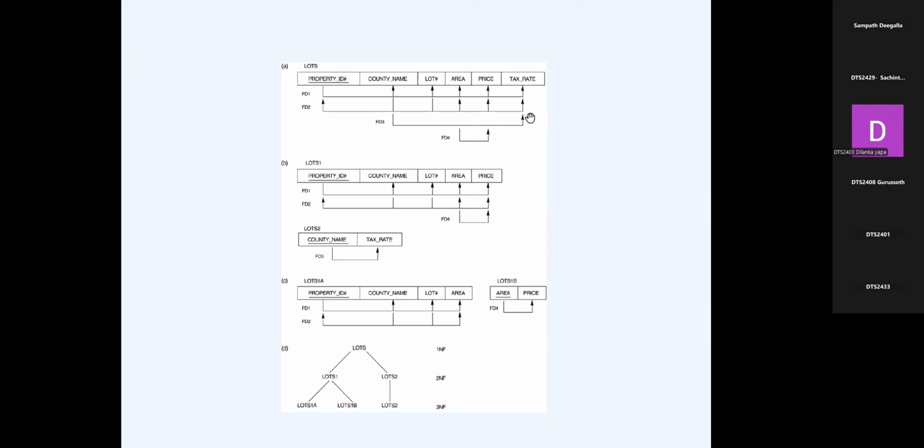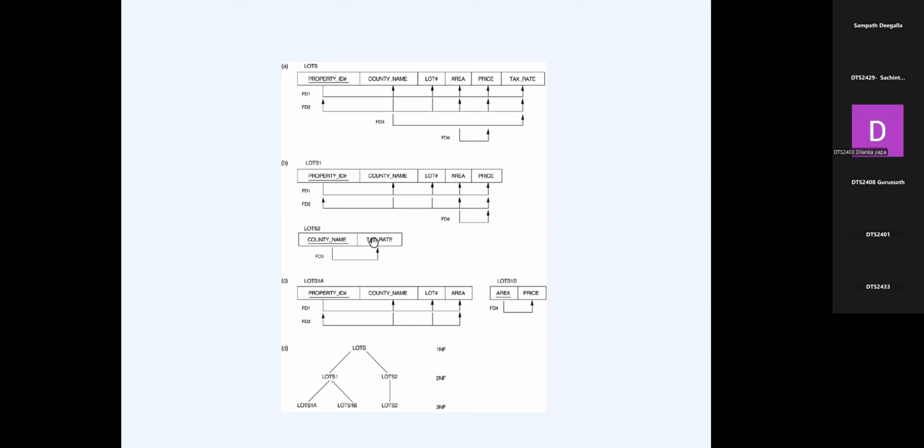So therefore, this is violating second normal form. Therefore, we need to break it. So how do you break it? You take country name and tax rate separately. So that's why you take these two. And these are the dependencies you now have.